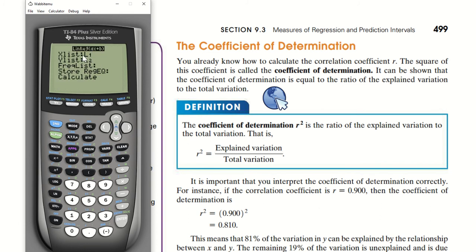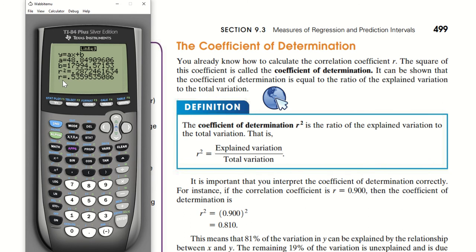Make sure that your list L1 is under the X list, the L2 list is under the Y list. We're going to go ahead and hit calculate, and with that diagnostic tool on, this will not only calculate the correlation coefficient for us, which is R, but it also gives us the coefficient of determination, which is R squared.